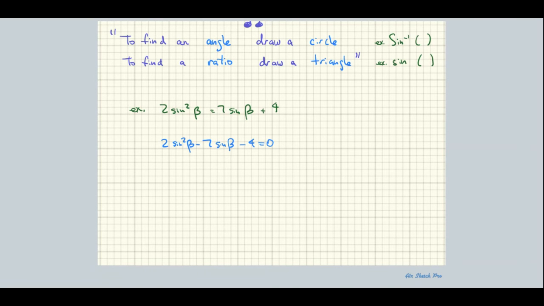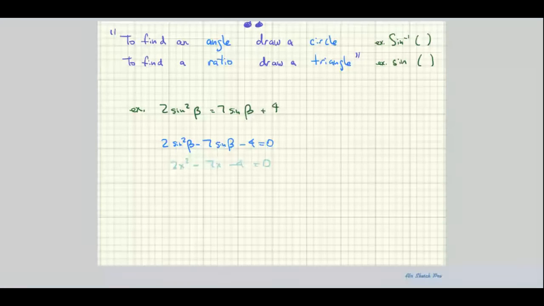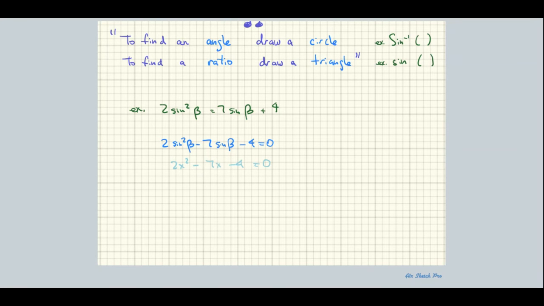You can think of it as 2x squared minus 7x minus 4, where x was sine beta. But I'm just going to solve it the way I would normally. This one you can actually factor. I have other problems I would assign where you have to use the quadratic formula, but for this one, you can just solve it.